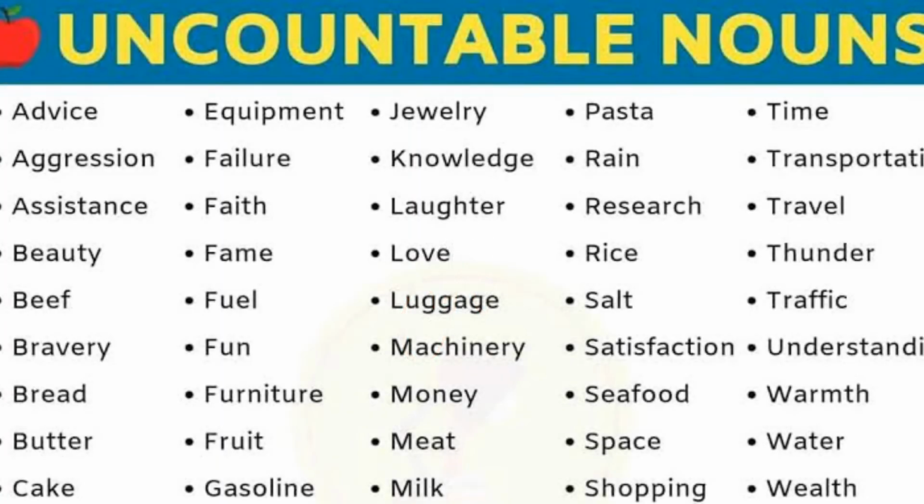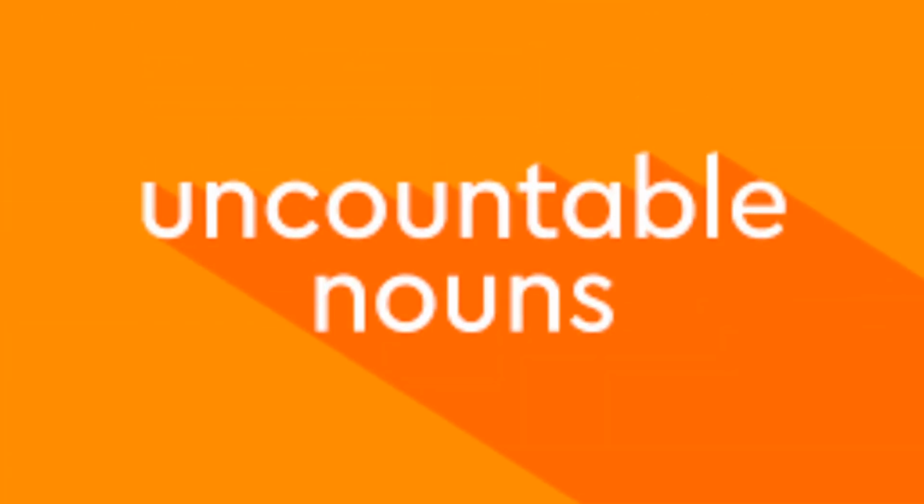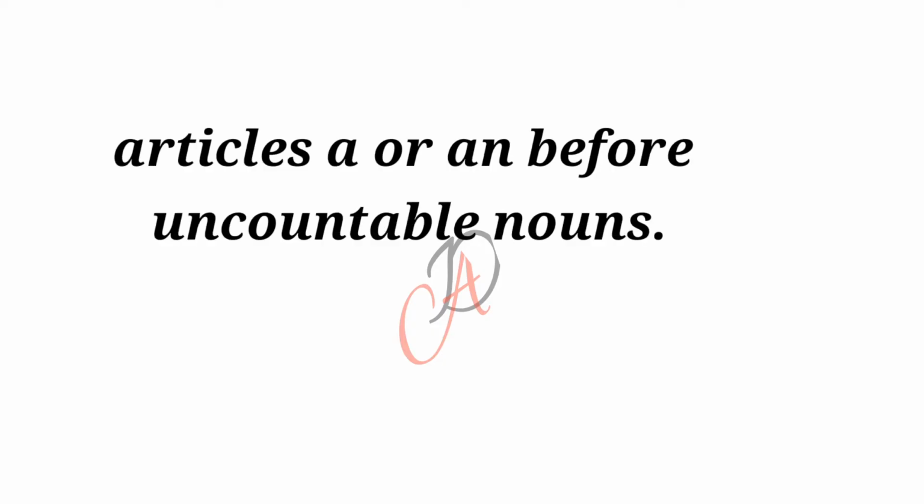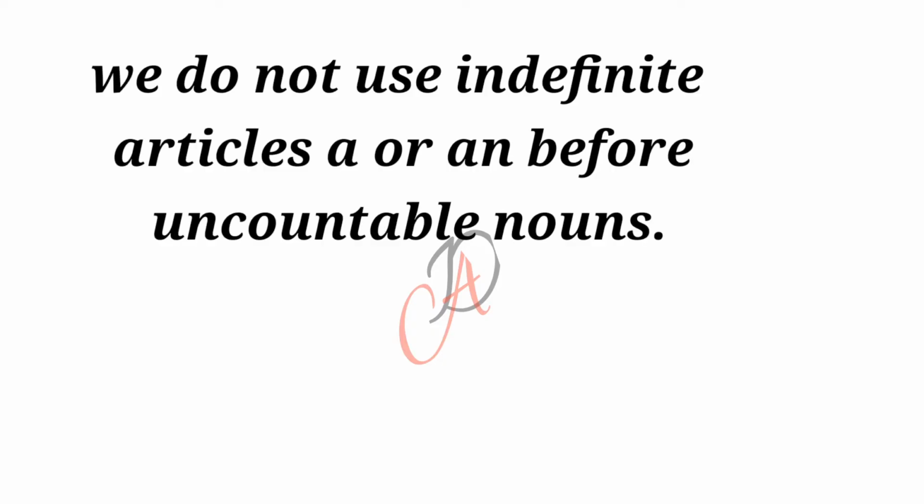Some more uncountable nouns are sugar, air, rice, knowledge, beauty, anger, fear, love, money, etc. The points to ponder in mind while using uncountable nouns. First one, we do not use indefinite article a or an in front of uncountable nouns. For example, love.